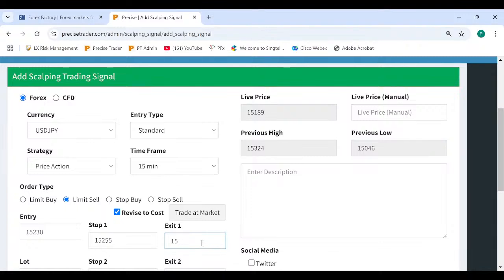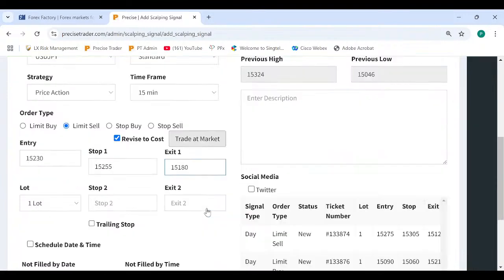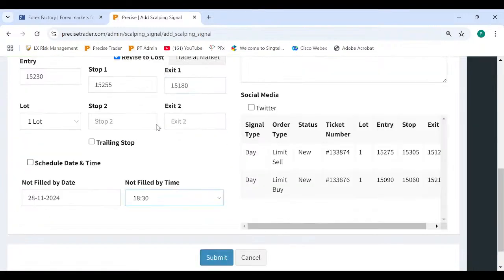Not more than that. And this one we will give you until 20:30. Maybe another 2 hours, 2 or 2.5 hours. Okay, 2.5 hours we can give.